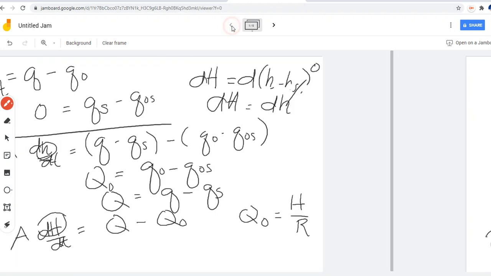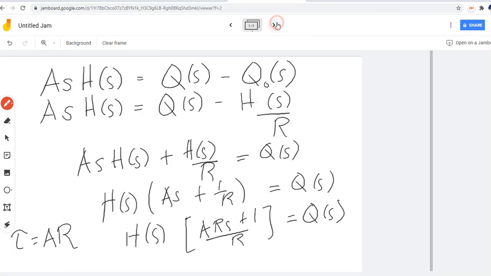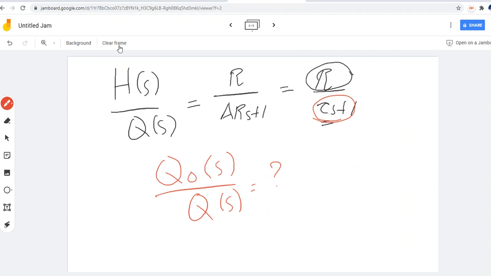From here we get H equal to R times Q sub O. If you do cross multiplication, you will have an expression for the level in terms of the volumetric outflow from the tank. So we go back to our original transfer function and replace H by its expression in Q sub O and R.